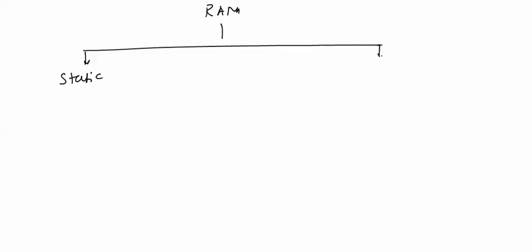Now RAM is divided into two types: one is static RAM and another is dynamic RAM.